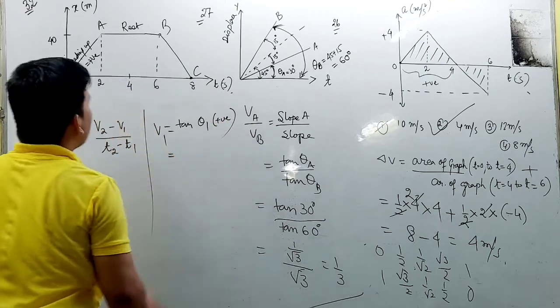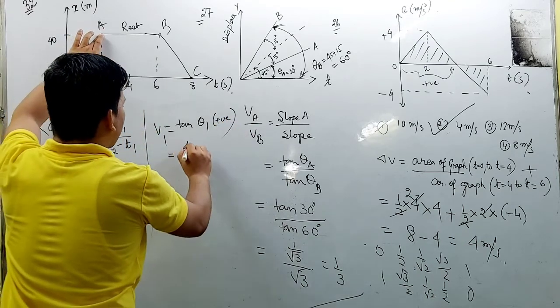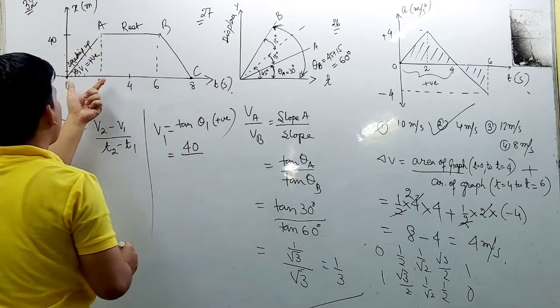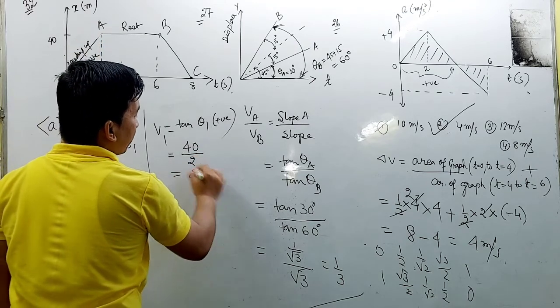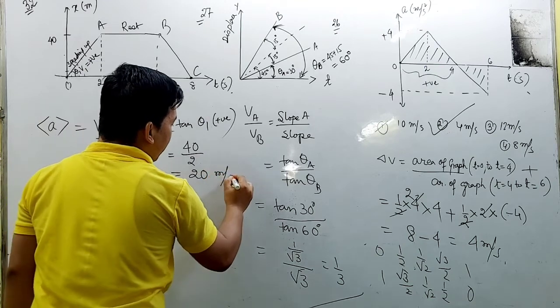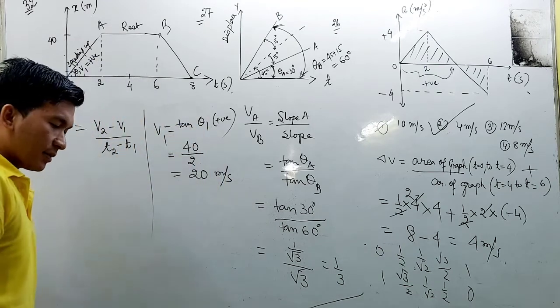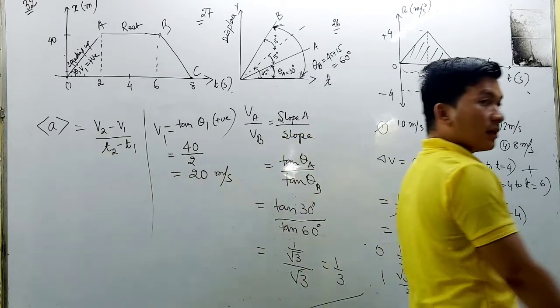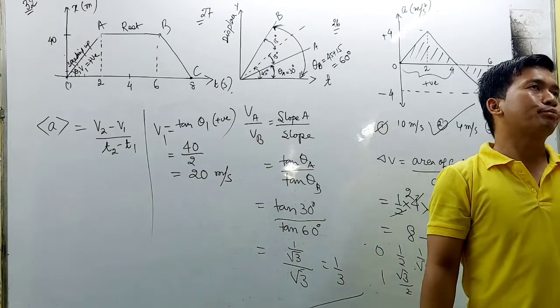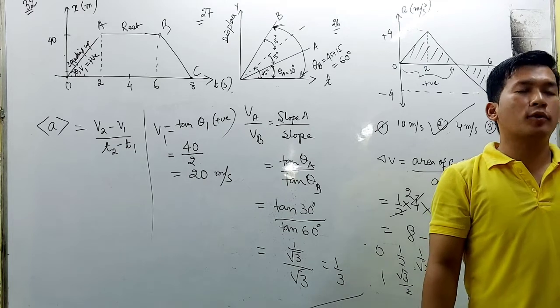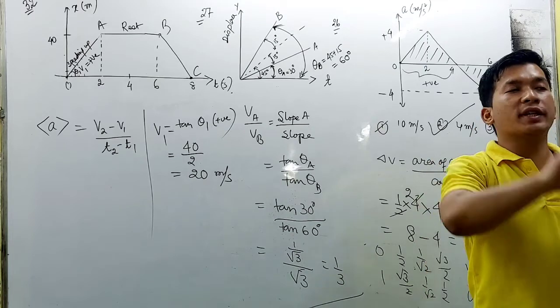Displacement 40 divided by the duration, 2 seconds, equals 20 meter per second. That means 20 meters in every second, 40 meters in 2 seconds.